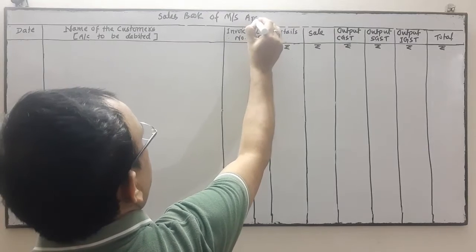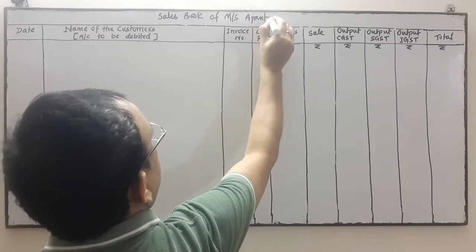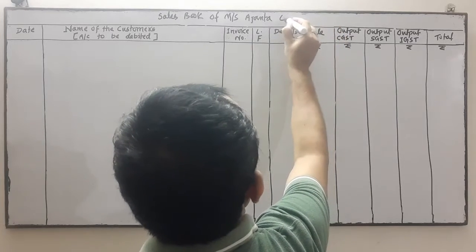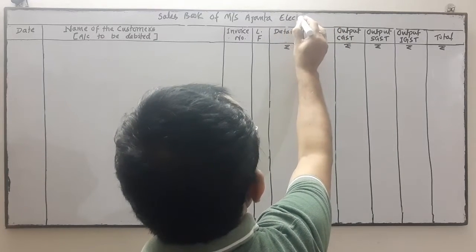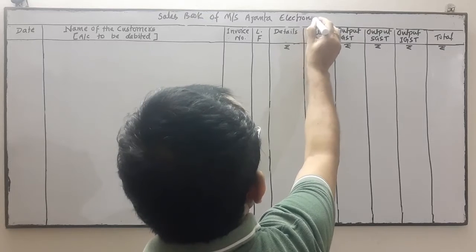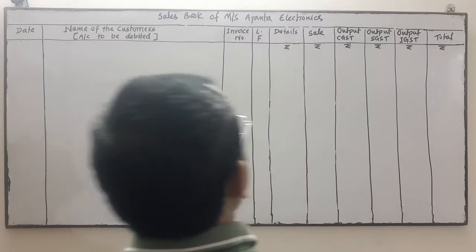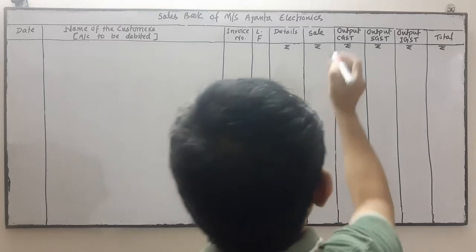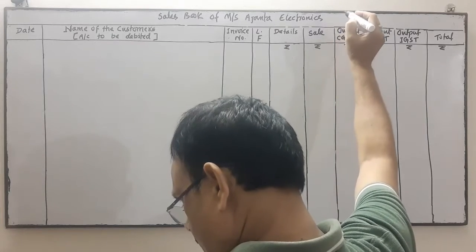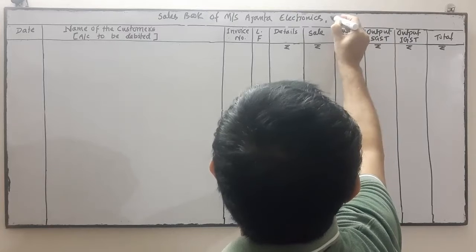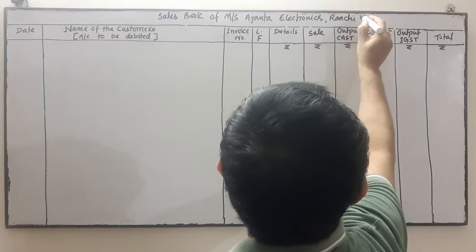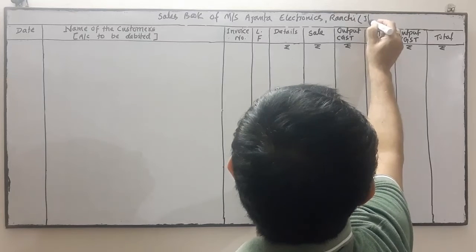Ajanta Electronics, and this Ajanta Electronics is of Ranchi, Jharkhand.